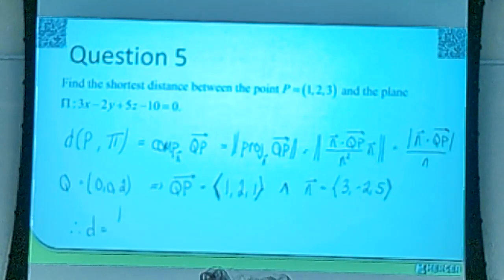Now we want n dotted with QP. Right, so it's 3 minus 4 is negative 1, plus 5 is 4. Over the magnitude of n. 9 and 4 is 13, and 5 is 18. Square root of 18.